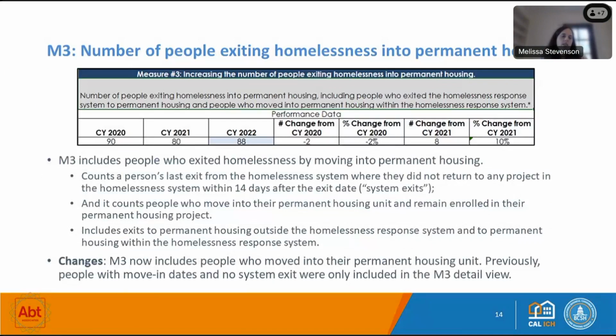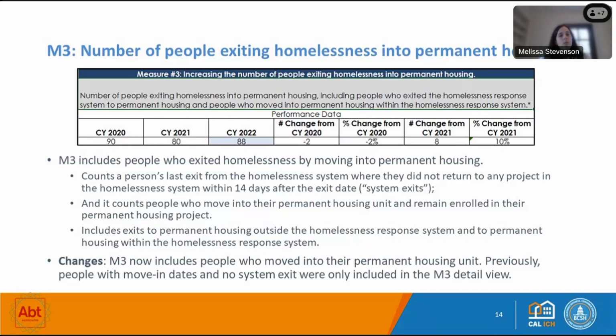And in this measure, we're counting a person's last exit from the homelessness system, where they did not return to any other project in the system within 14 days after the exit. So we know folks many times have multiple exits from different project types throughout a year. We're only counting them once here, and we're looking at that last exit during the year.